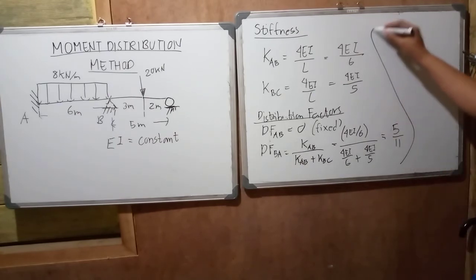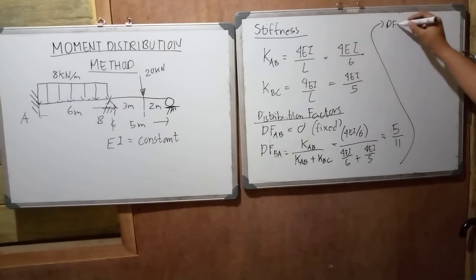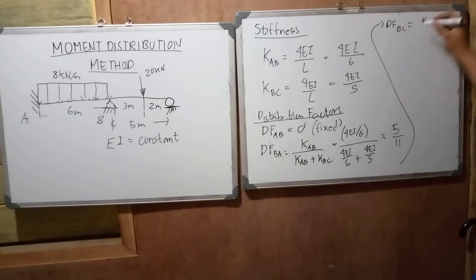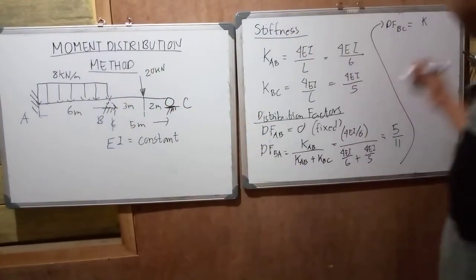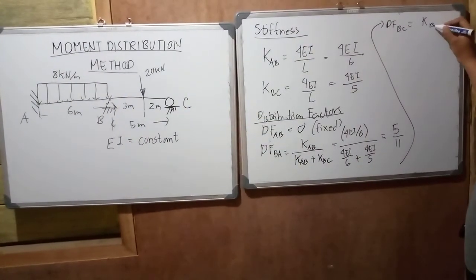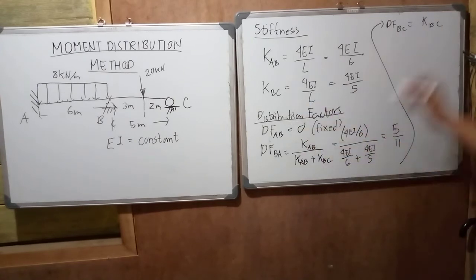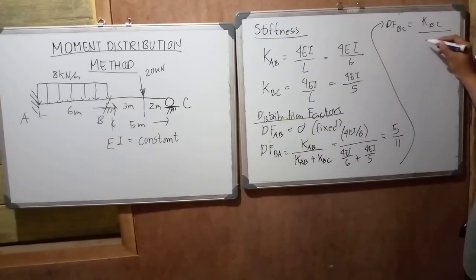Okay? So, si DF BC is equivalent to, okay, BC. So, DF BC is equal to KBC over KAB plus KBC. Okay?